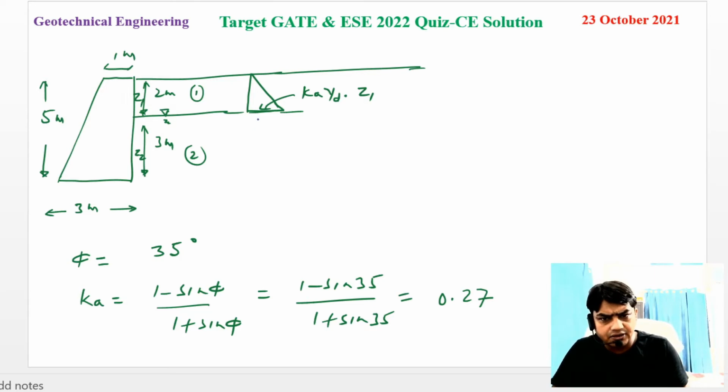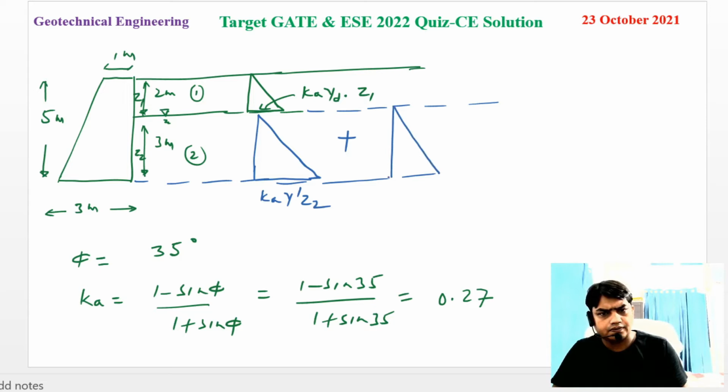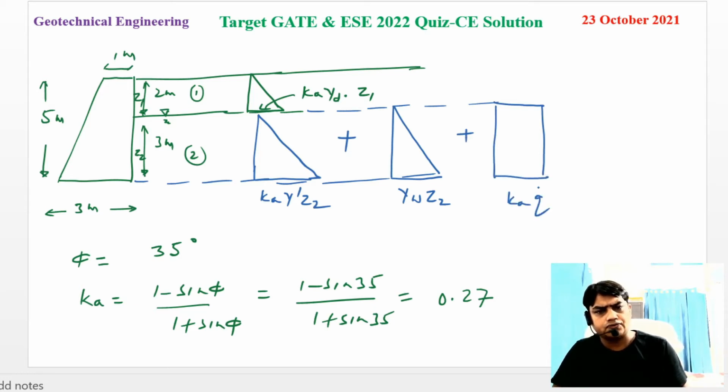Similarly in the second layer, due to the presence of the water table, this will be K into gamma submerged into Z2, plus the hydrostatic pressure, that is gamma W into Z2, plus the surcharge loading, K into Q.